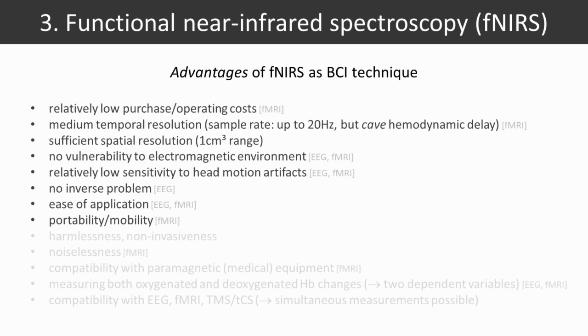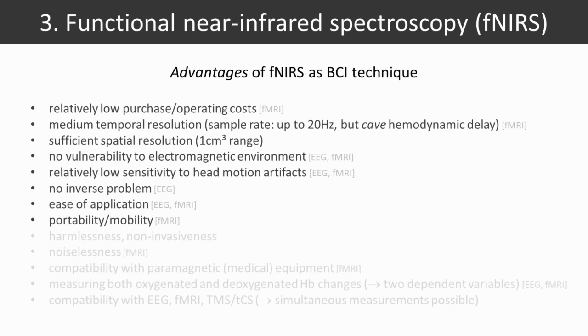So we have sufficient spatial resolution that I could show you. We have no vulnerability to the electromagnetic environment. This is very good because this we have with other techniques like EEG and fMRI. Then we have also a relatively low sensitivity to head motion artifacts. Also this is with EEG and fMRI not given. We have no inverse problem. We really know where the signal comes from.